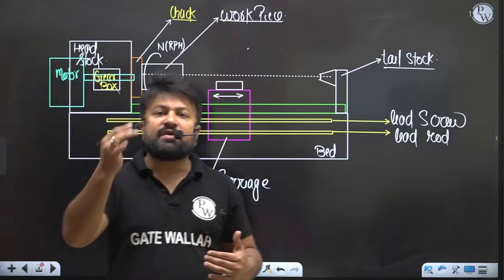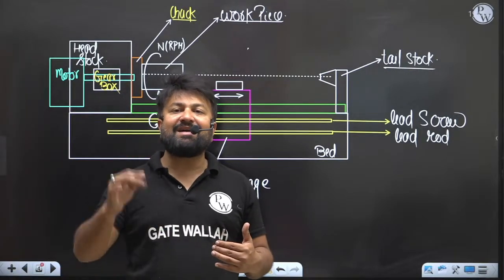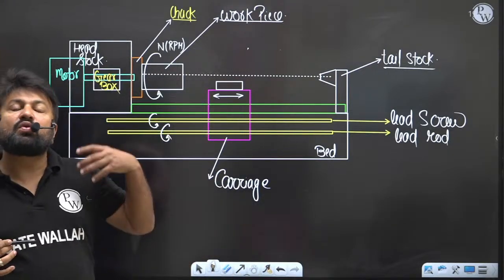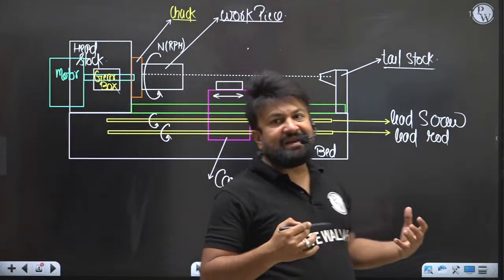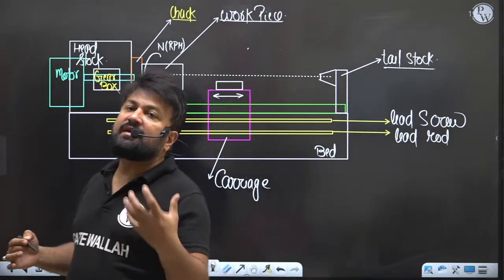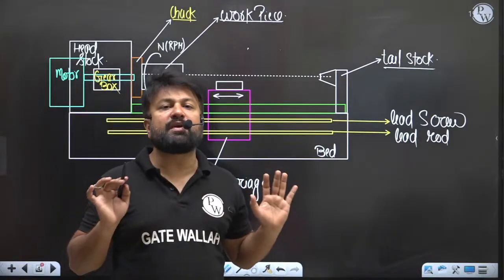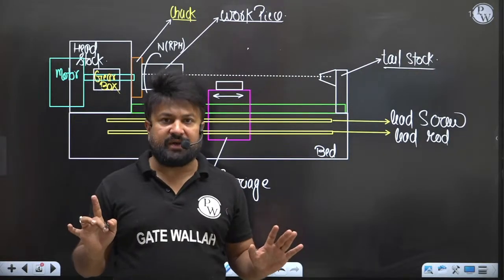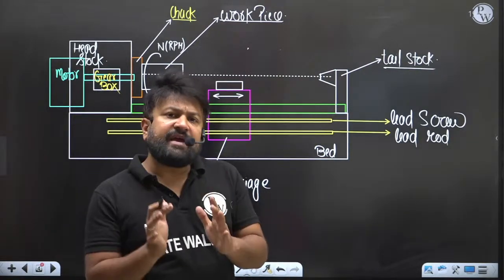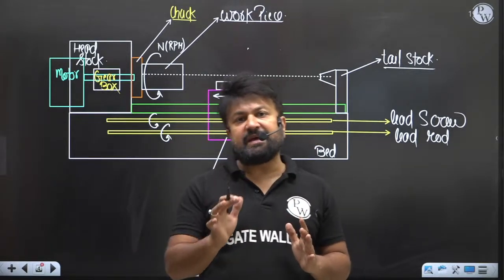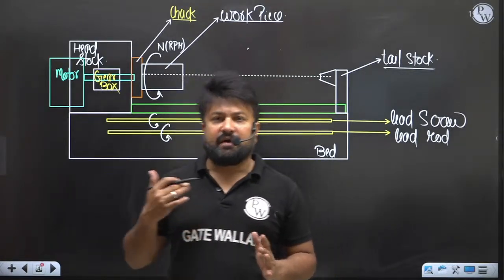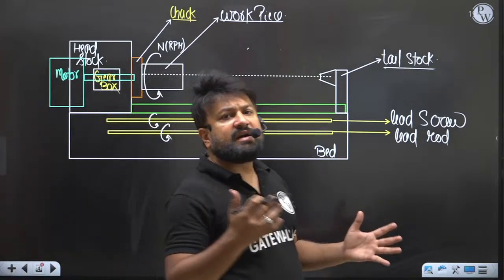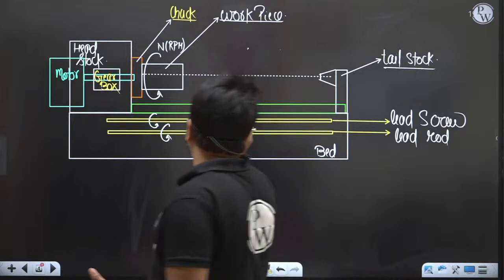So here the workpiece is going to rotate, and cutting is done with a non-rotating cutting tool. Please understand one point, that the tool is not going to rotate. Generally the shapes cut are round or helical.